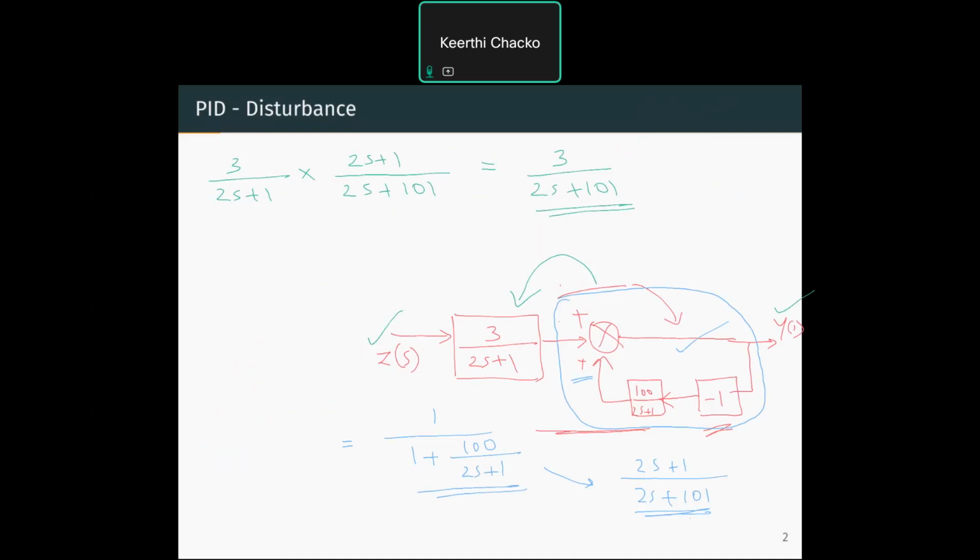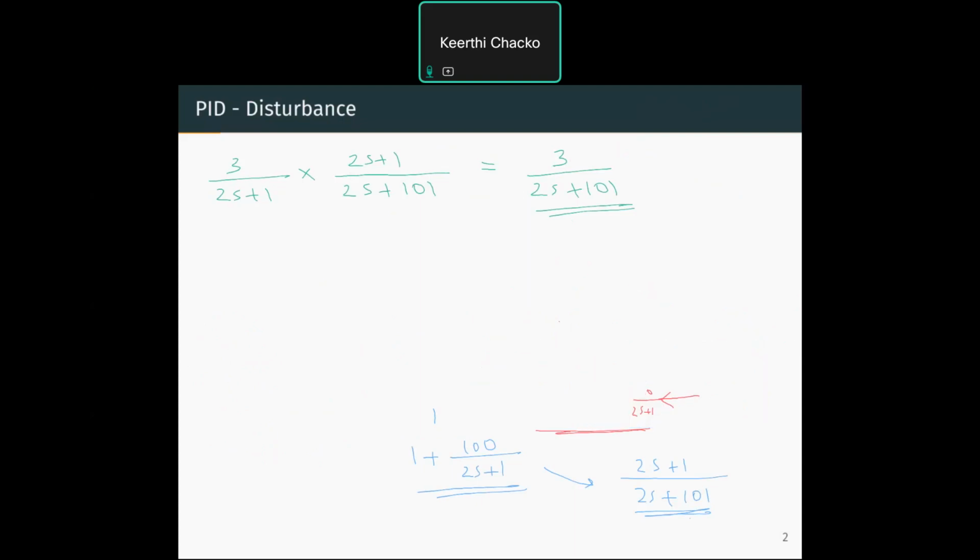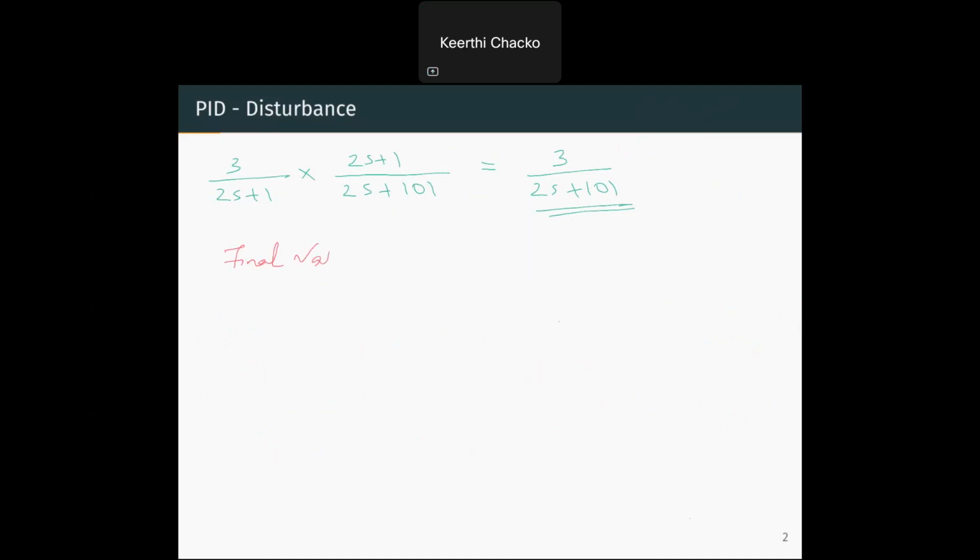Now suppose you are giving a step input to this disturbance. What happens to the output? For the final value theorem, the final value theorem will help us identify what happens to the output as time tends to infinity.